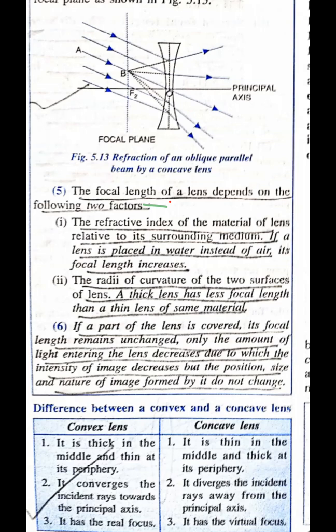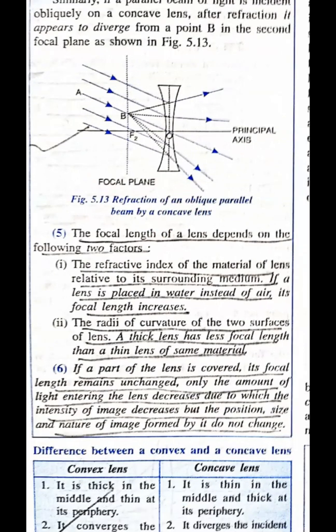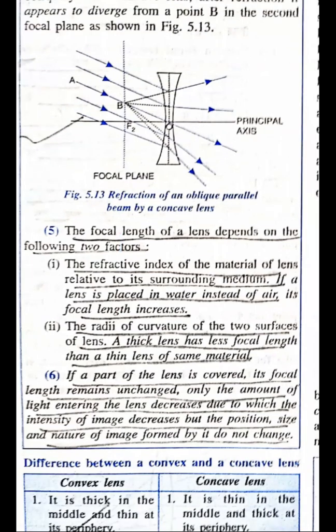Second point, the radii of curvature of the two surfaces of the lens. This is the most important point. Depending upon the radius of curvature, if the radius of curvature is smaller, accordingly the focal length will be smaller. If the radius of curvature is bigger, the focal length will also be bigger. A thick lens has less focal length than a thin lens of the same material. If a lens is thick, for example, this is a thick lens, right?